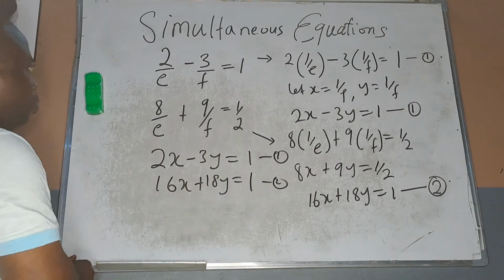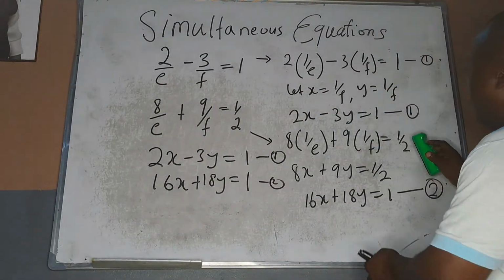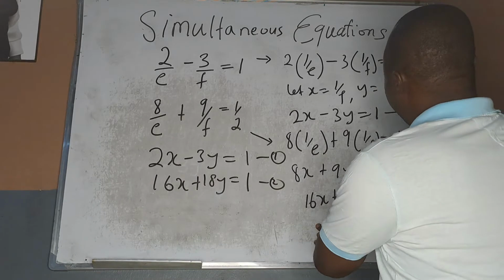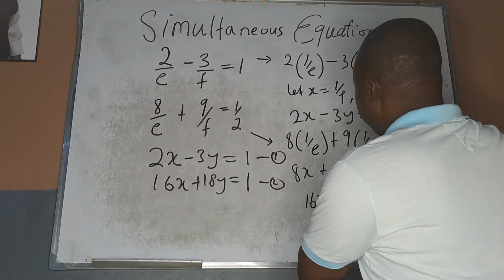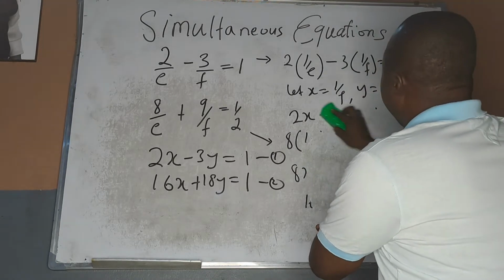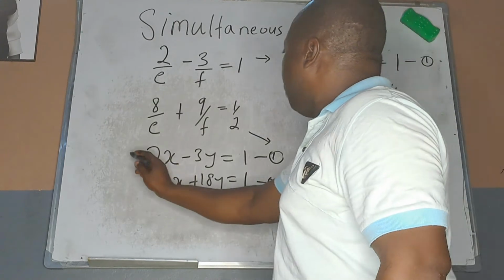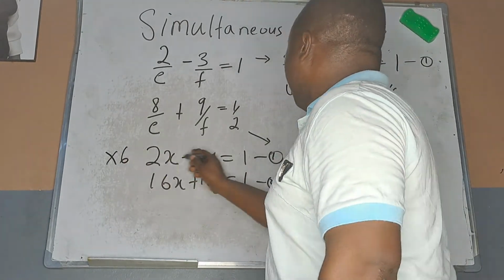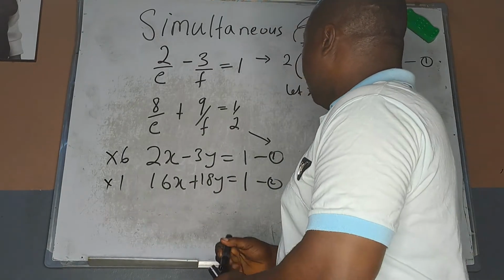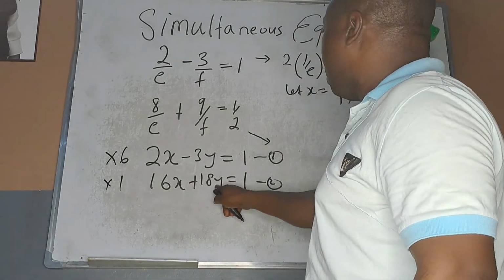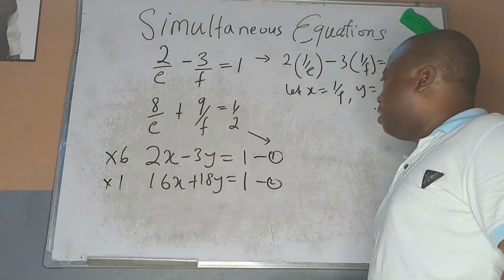So I multiply 2 by 6, and multiply the other equation by 1, so that the coefficient of y in 2 and y in 1 will be the same, but with their signs reversed.